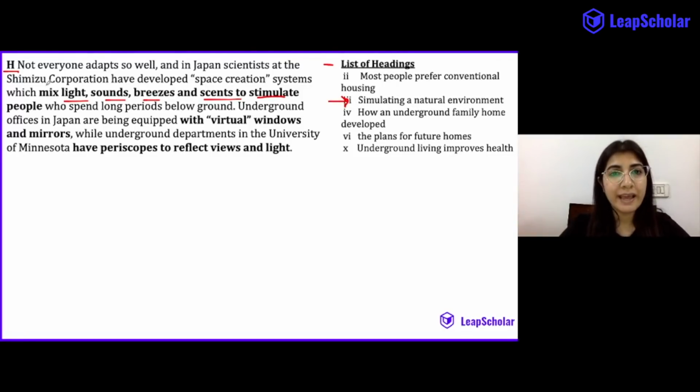Because in Japan, scientists are trying different ways. They are mixing light, sound, breezes, and scents to try and fake reality for the people who are spending a lot of time below ground. So this is the correct heading for this paragraph, simulating a natural environment, so replicating a natural environment for people who spend a lot of time underground.